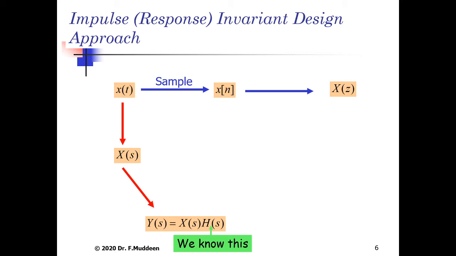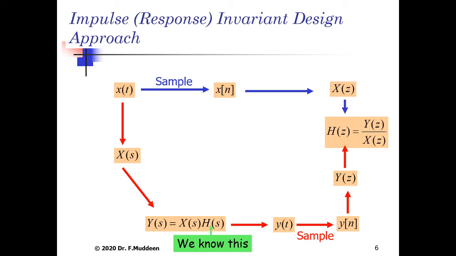H of s is going to be the system or the filter that we already know. And then we do the inverse transform to get y of t, and then we sample that to get y of n. We can also transform this to get y of z. Once we have x of z and y of z, we are able to find h of z given by this equation here.